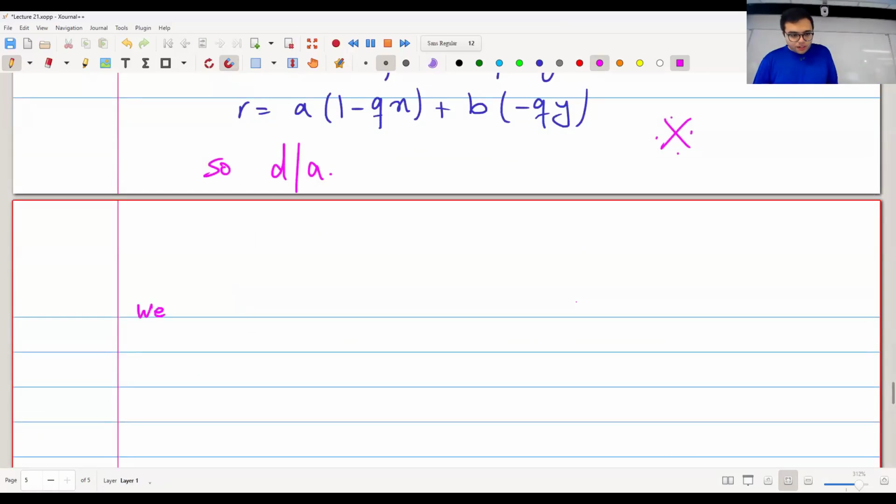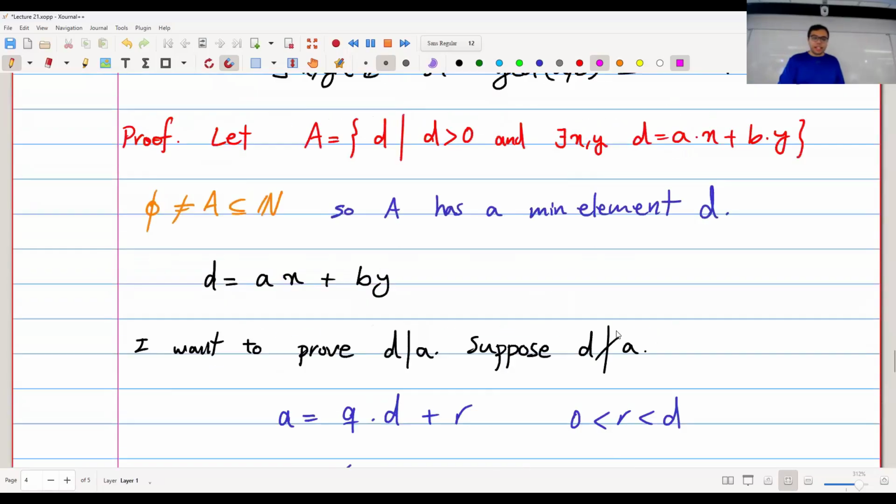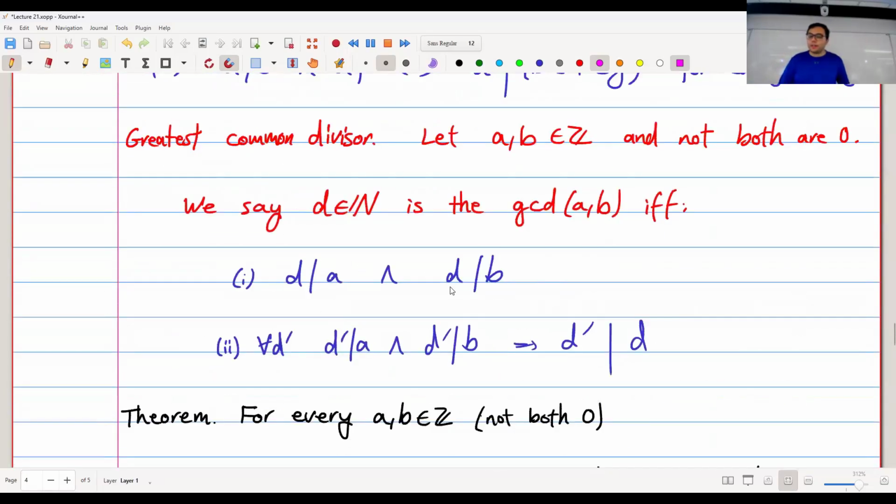So far, we have proven that D divides A and D divides B, which is great. So we've so far proven that D is a common divisor of both A and B. Now, we have proven this part and we have proven this part.